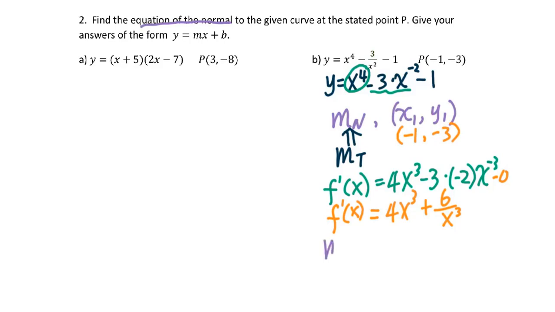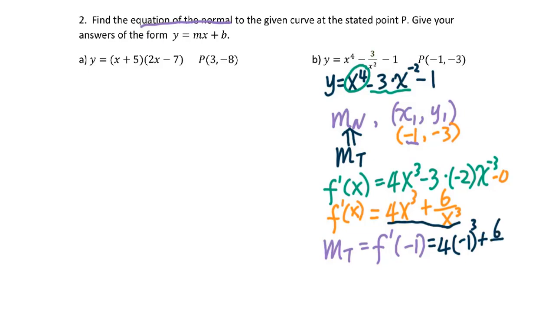Then the slope of the tangent line, you will get f prime of negative 1. So we substitute negative 1 into this derivative function: 4 times negative 1 to the third power plus 6 over negative 1 to the third power.